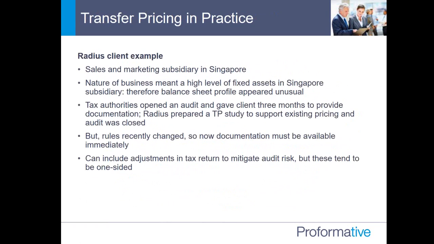The client was a food business, and unlike most sales and marketing subsidiaries, because they were a food business, they had quite a large fixed asset base, kitchen equipment, etc. The Singapore tax authorities had a look at this and determined that their balance sheet appeared unusual compared to what a normal sales and marketing subsidiary would look like, and therefore they decided to open an audit into that client.